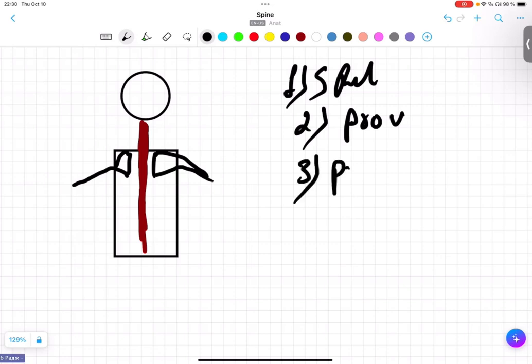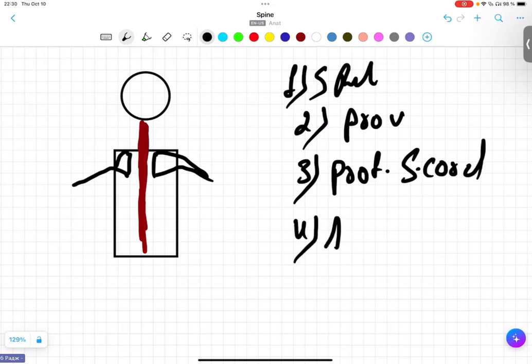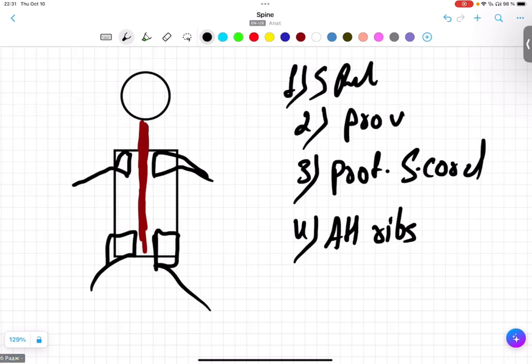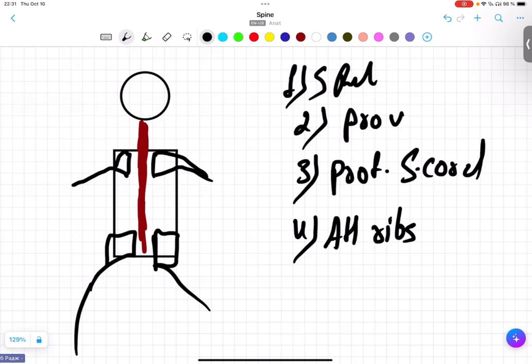Third, protection of the spinal cord. Fourth, attachment of ribs, right? So it will support the head, and serve as the point of attachment for the ribs, the pelvic girdle, and your pectoral girdle. इतना समझ में आया?